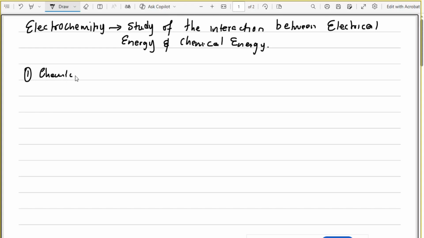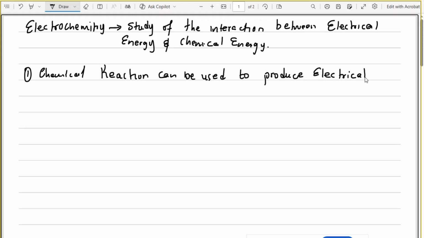So what I'm trying to say is that the chemical reaction can be used to produce electrical energy.